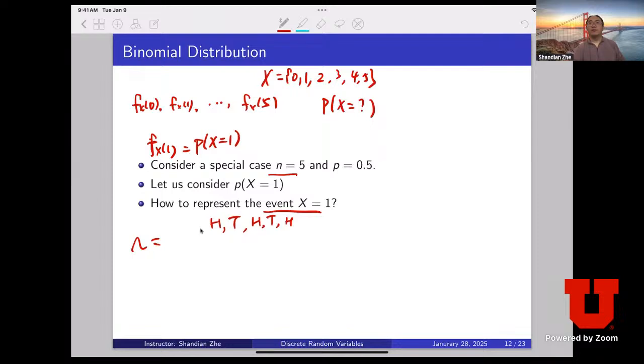So every outcome in your sample space should be represented by a sequence of 5 results, either heads or tails. Does it make sense? That's the difference between the binomial distribution and the Bernoulli distribution. With Bernoulli, you just flip the coin once and only see one side.